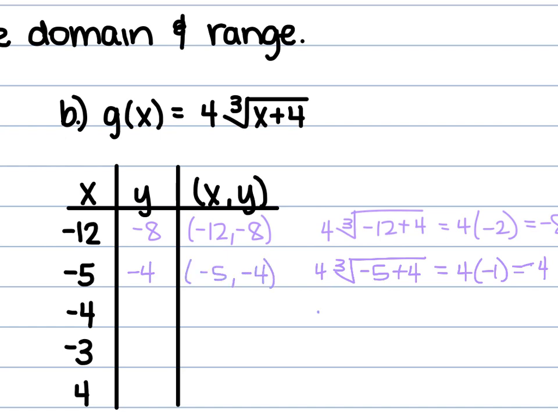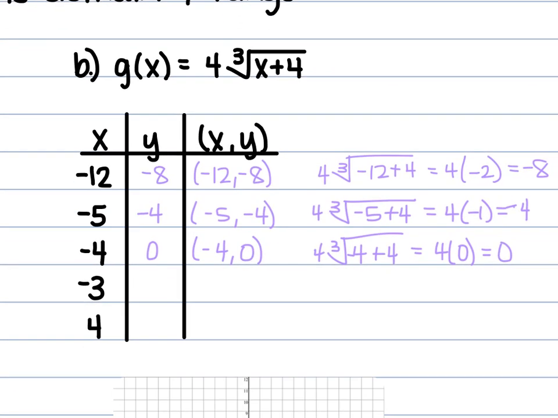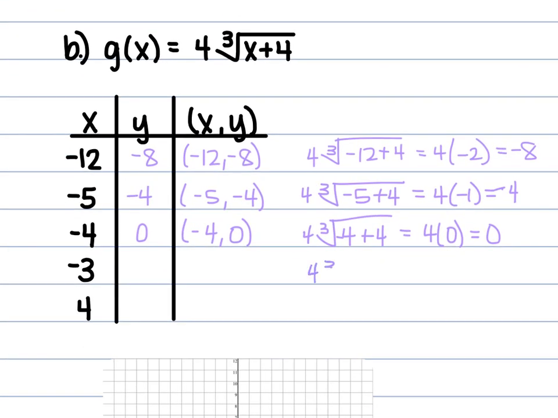For -4, we have 4 times the cube root of -4 plus 4. That's 0. The cube root of 0 is 0, so 4 times 0 is 0. That's the ordered pair (-4, 0). For the -3, we have 4 times the cube root of -3 plus 4, which is the cube root of 1, and that's 1, so 4 times 1 is 4.